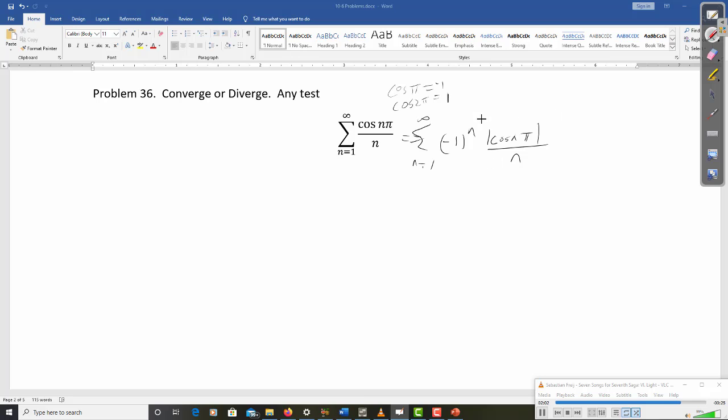In fact, I didn't even really notice. That's kind of funny. This is basically equivalent to the sum from n equal 1 to infinity of negative 1 to the n over n, because that's all it's doing. This is just always 1. So it's negative 1 to the n. It's conditionally convergent. You can tell it's convergent just because this is going towards 0.